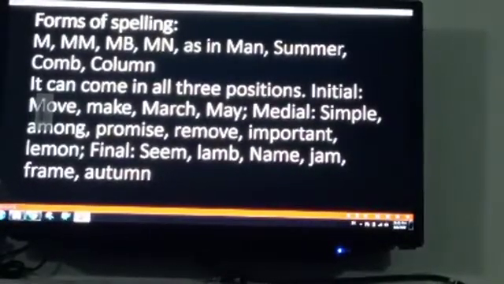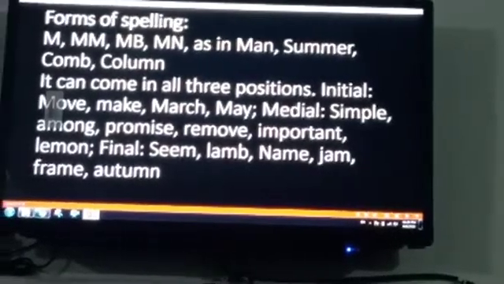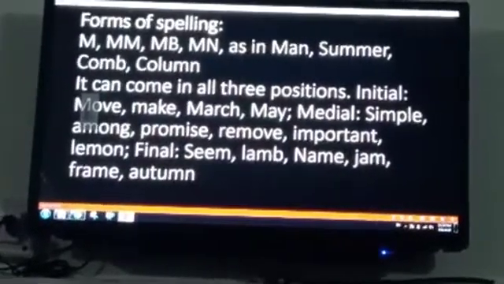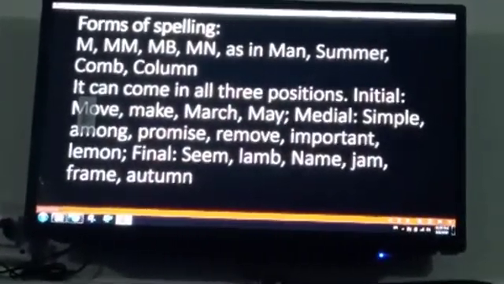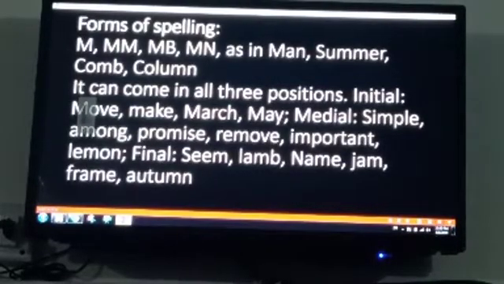We have already discussed this point when we were talking about B sound. When M comes before B, and B is in the final position, then B is silent. And MN: when M comes before N, then N is silent there. I'll give you examples. In these two positions, B and N are silent.